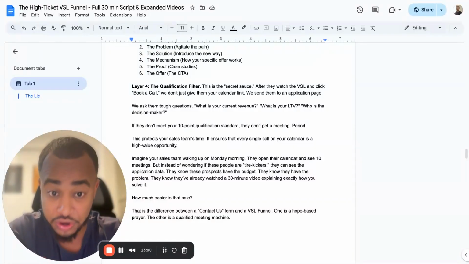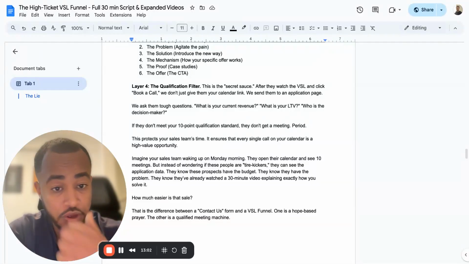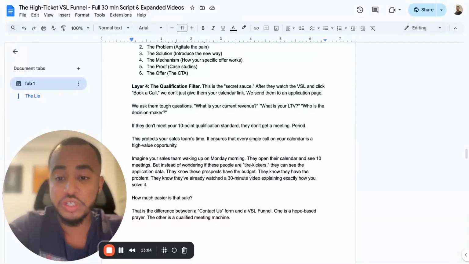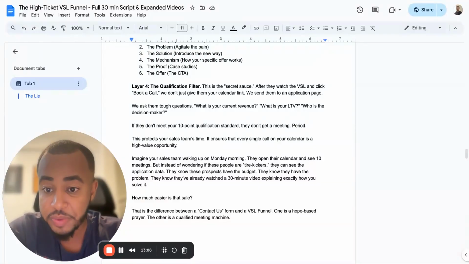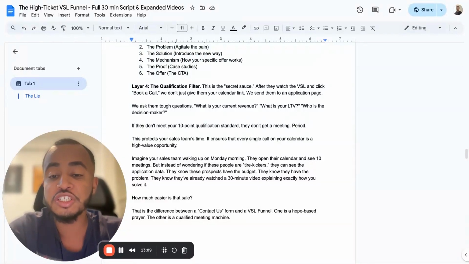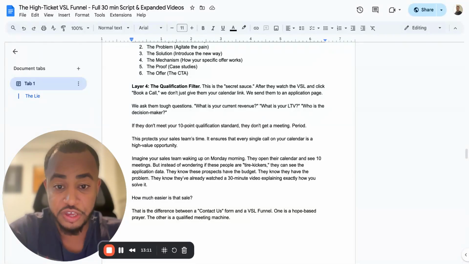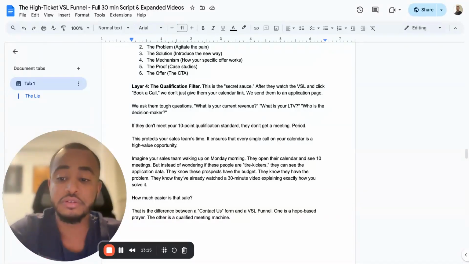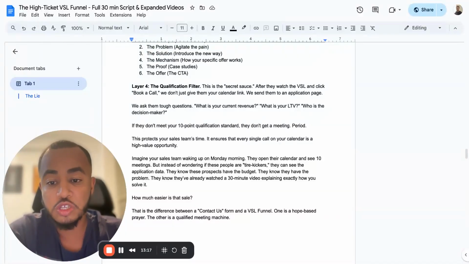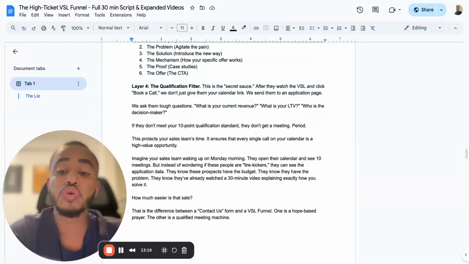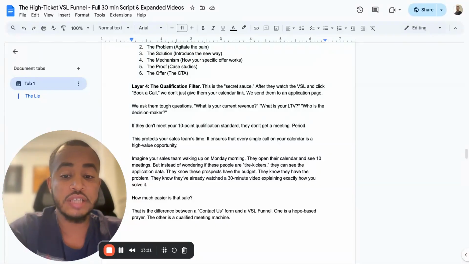For example, what's your current revenue? What is your LTV? Who is the decision maker? If they don't meet your 10-point qualification standard, they don't get a meeting. Period.